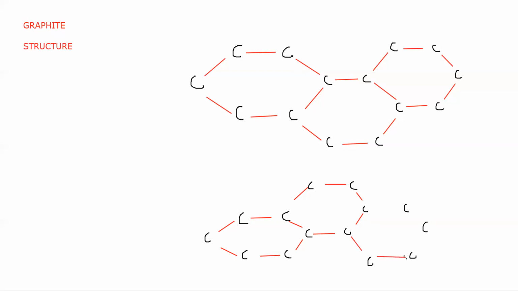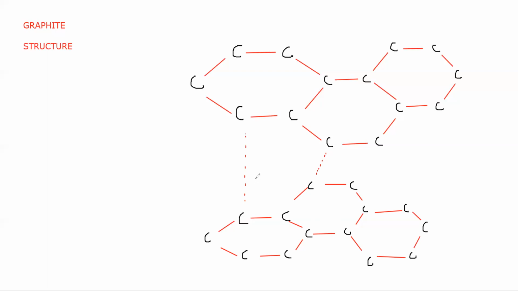The use of the diamond you have to write. So this is one layer, this is another layer, and there is attraction between the layers. The dotted line represents the attraction, but that attraction is very weak.